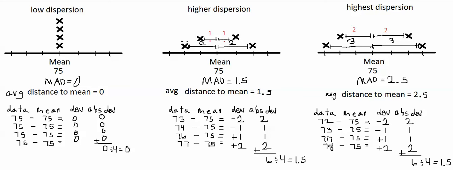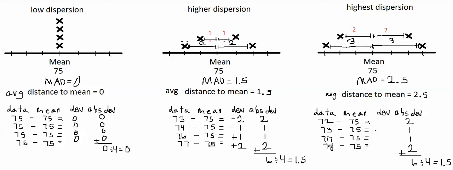Now let's think about what these deviations are going to come out to. This person who got an exam score of 72, which is this person right here, is 3 below the mean. If they're 3 below the mean, their deviation should be -3.